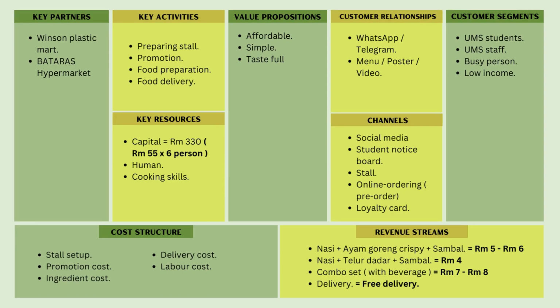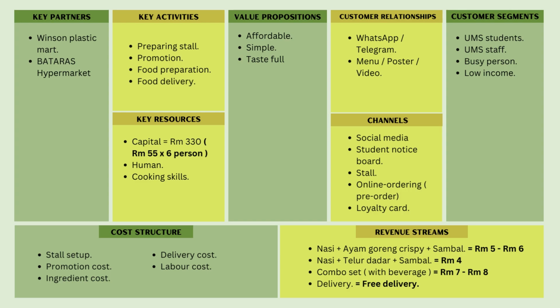Firstly, the key partners. In this point, we have to share opinion where can we get the raw materials. As for now, Vincent Plastic Mart and Batras Hypermarket are 2 that we chose to buy the raw materials and ingredients. Next, the key activities. So, in our business, we do preparing a stall, promotional, food preparation, and food delivery.